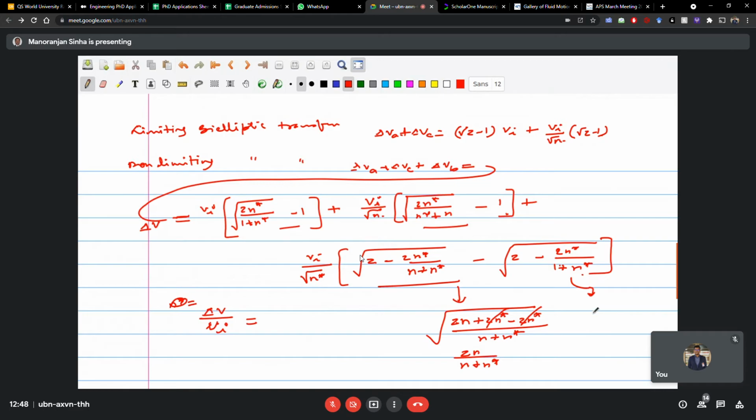And this will get reduced to 2n plus 2n star minus 2n, so this is 2 divided by 1 plus n. So basically it's a subtraction of these two quantities.